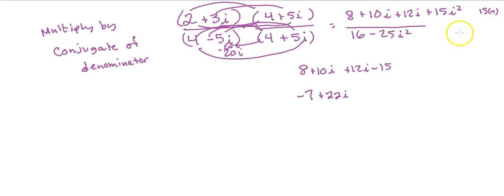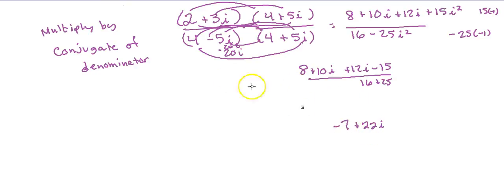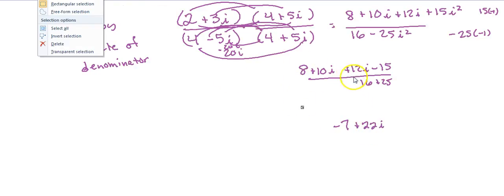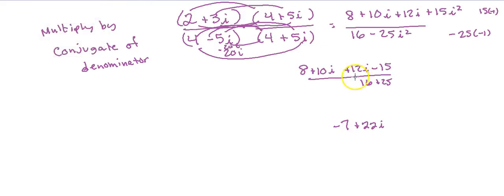When I replace the i squared with negative 1, that negative 25i squared becomes negative 25 times negative 1, that's positive 25. And so what I end up with in the denominator is 16 plus 25, 41.